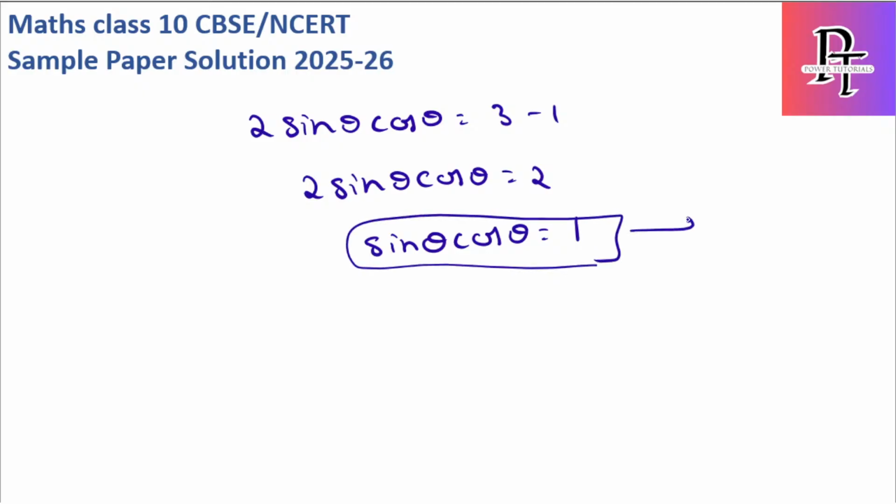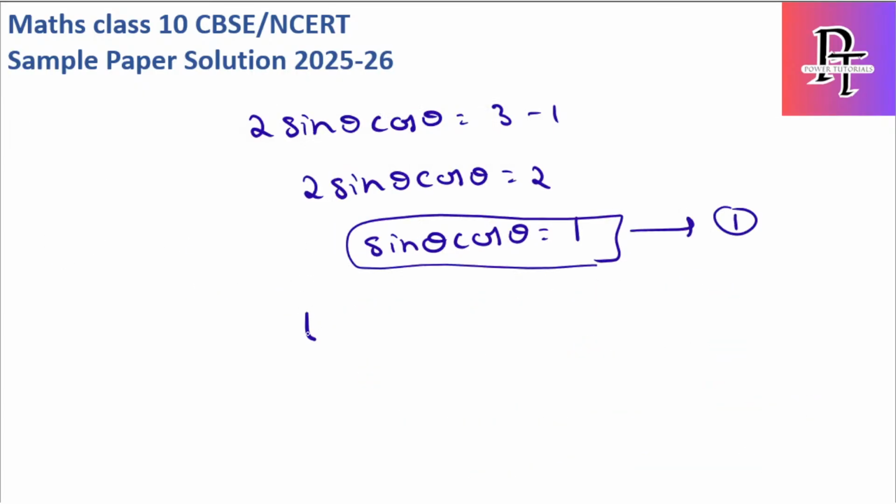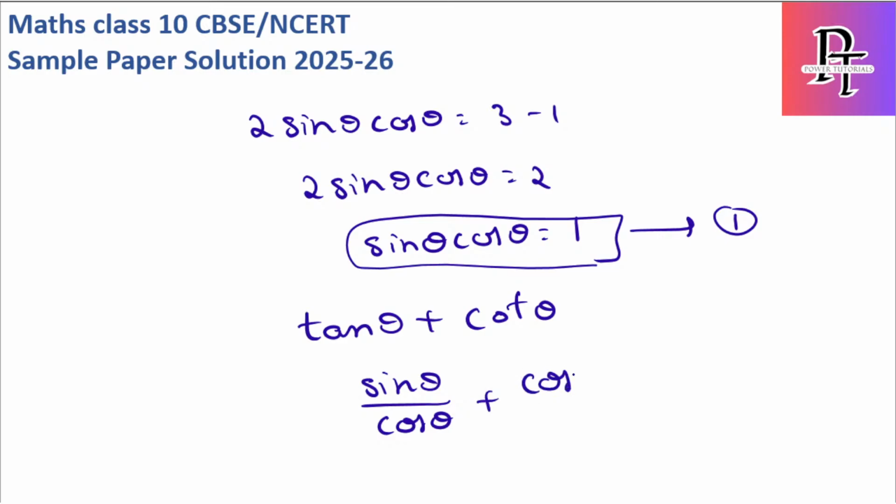Okay, so keep this as 1. Now let's see what they are asking. Tan plus cot we have to prove as 1. So let's write it. What are tan theta plus cot theta? So let's write in terms of sin and cos. So this becomes sin theta by cos theta plus cos theta by sin theta.